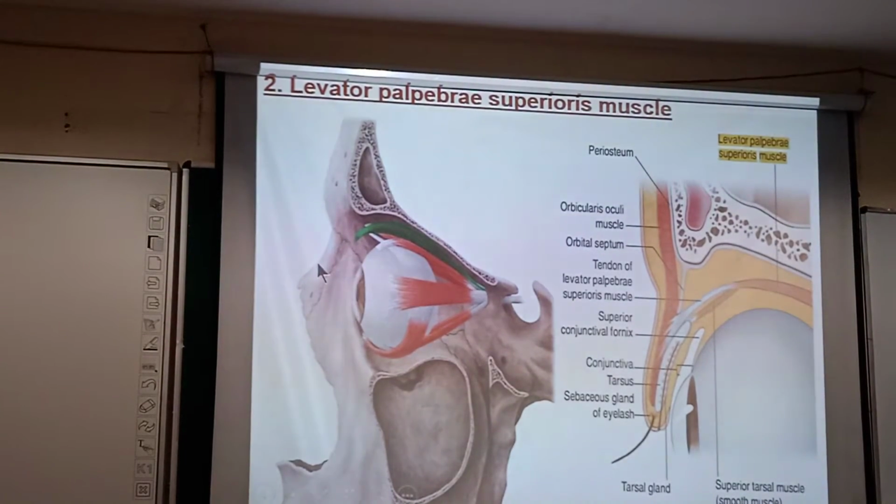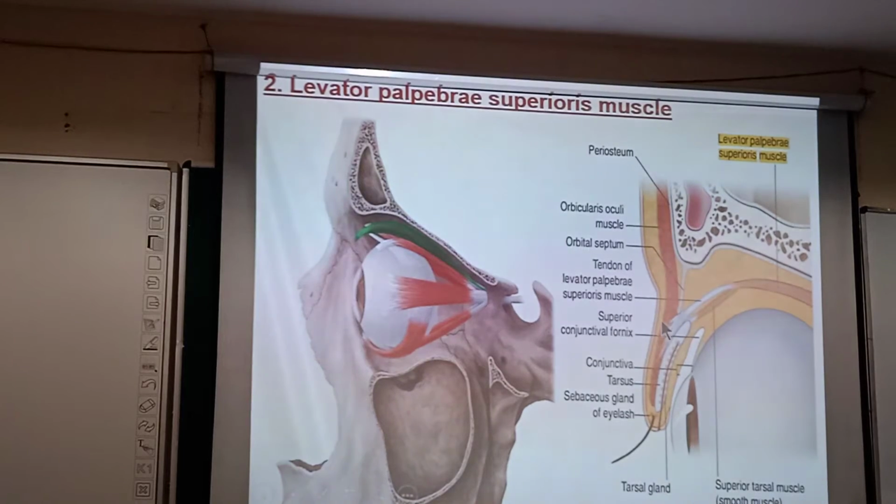by three laminae. Here it is, this one is the levator palpebrae superioris muscle, then it converts into a tendon and gets inserted into the superficial lamina, intermediate lamina and the deeper lamina.